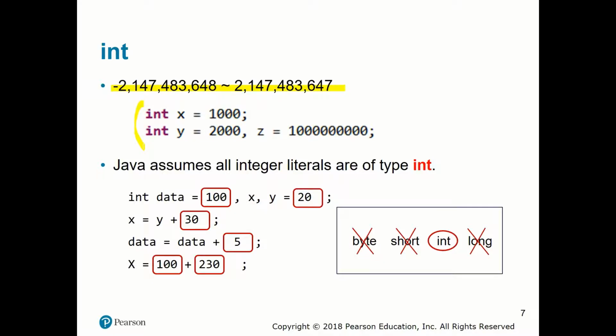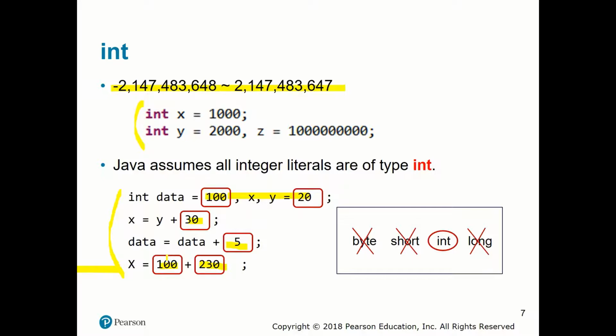There is one important thing here. Look at this code. In this code, there are 6 integer numbers: 100, 20, 30, 5, 100, 230. These are all integer numbers. Then, what types are these? Are these bytes, shorts, int, or long?